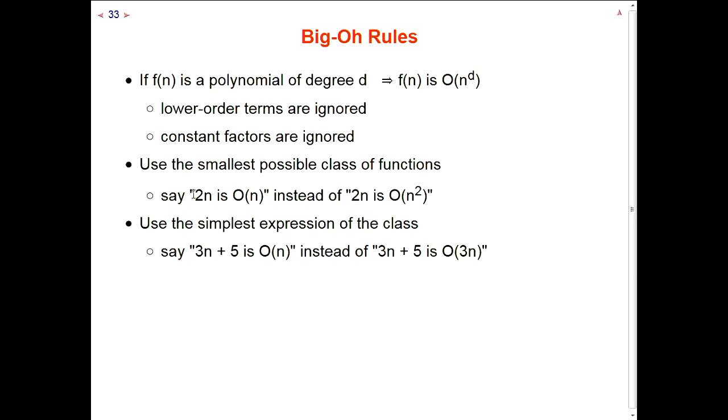Also, you should use the simplest expression in the class. You could say, mathematically it is true, that 3n plus 5 is O(3n), because 3n plus 5 is bound by 3n, but it would certainly be simpler to just say it is O(n). Actually, it's the same class, O(3n) and O(n), and the general rule is to always use the simplest expression.